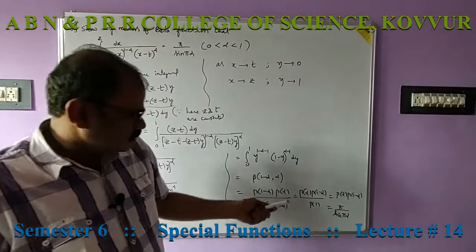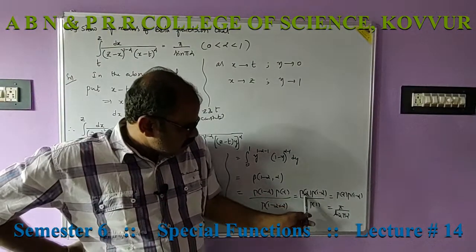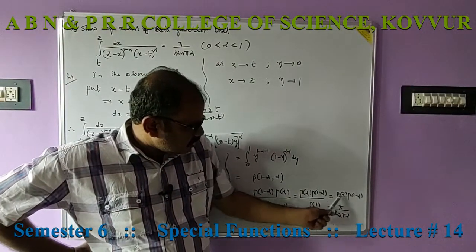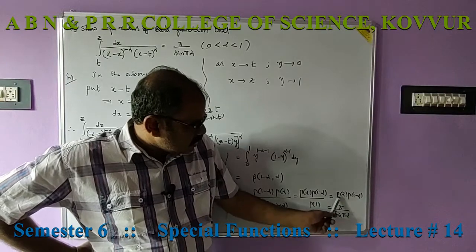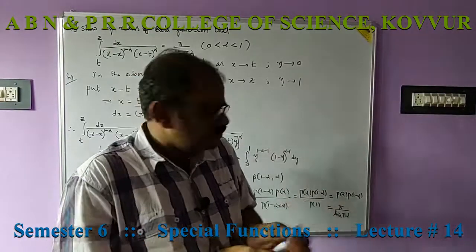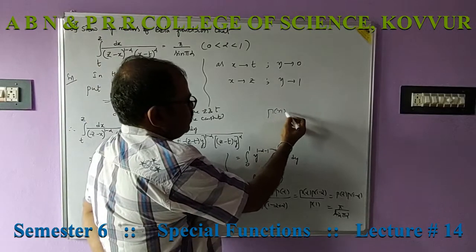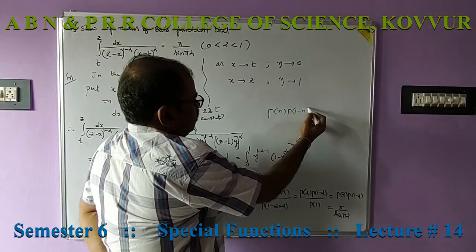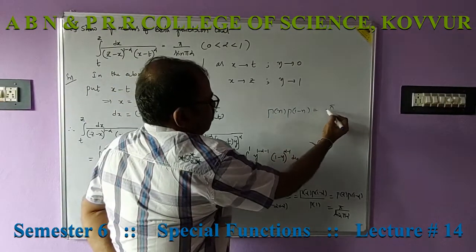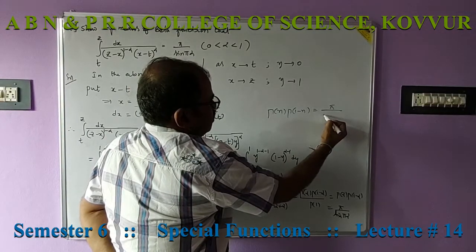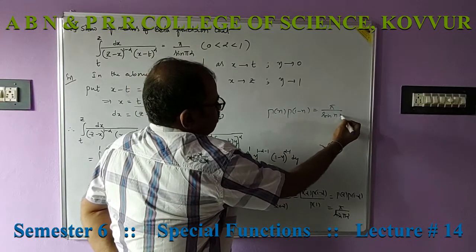And gamma alpha into gamma (1 minus alpha) by 1. By standard complex analysis, standard derivation, gamma n into gamma (1 minus n) is pi by sin n pi.